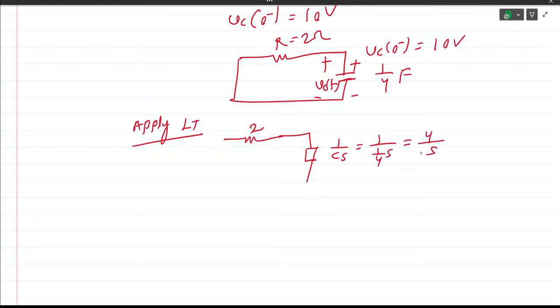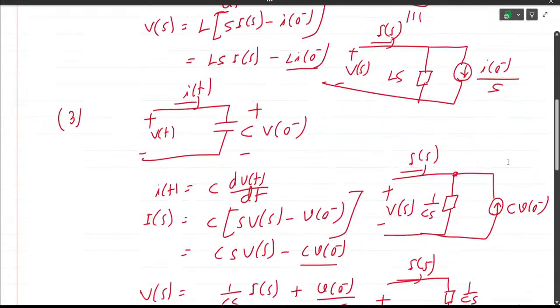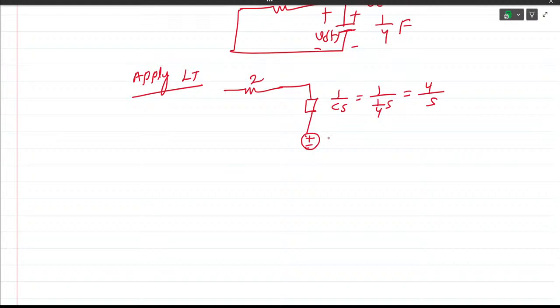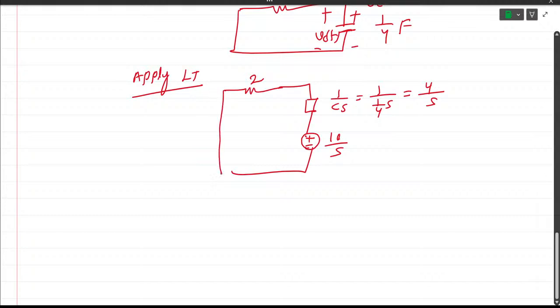Then a voltage source of polarity as shown, that is the transform of the initial voltage, V0(0-) upon s. V0(0-) is 10, so 10 upon s. See how easy it is.